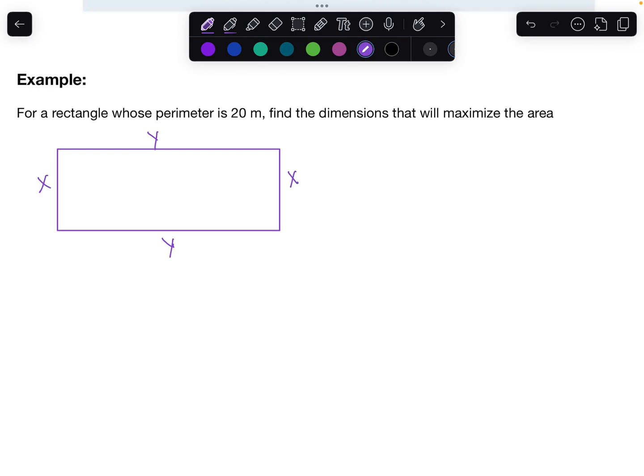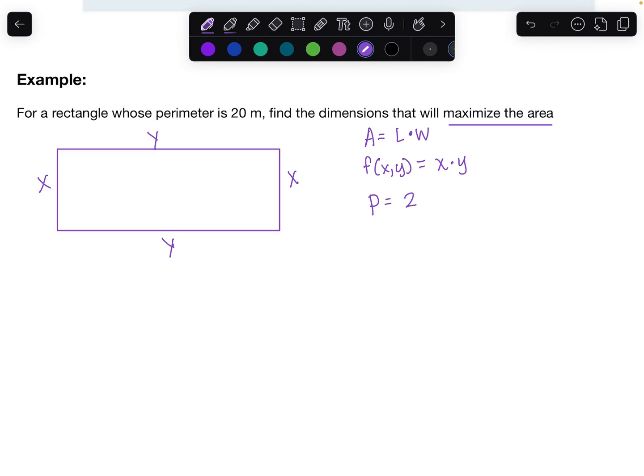To find the area, we know area is length times width. So therefore, since we are trying to find what maximizes the area here, f of x, y is x times y. To find the perimeter, it's going to be adding up all the sides.